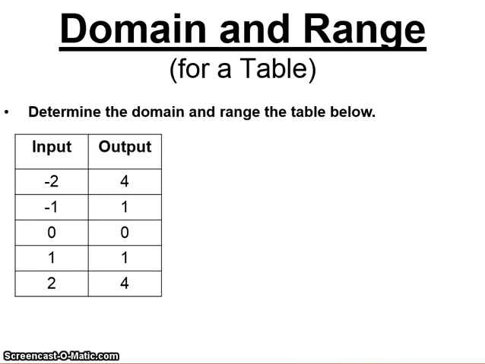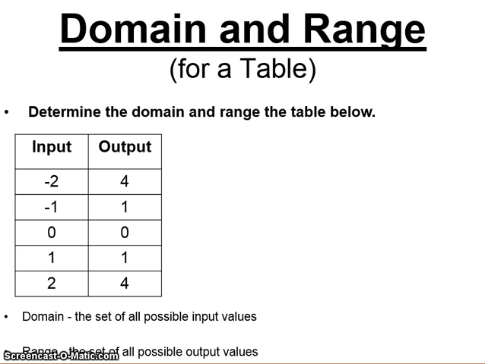All right, let's now look at how we determine the domain and range for a table. Now remember, we learned that a table is a way of organizing ordered pairs. Remember how we would draw the parentheses around and say this is the ordered pair represented in this table. So when we look for the domain, we are looking down the input column because domain's all the inputs, or the X column.